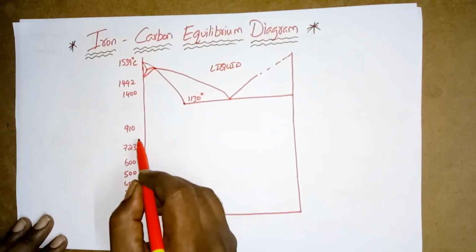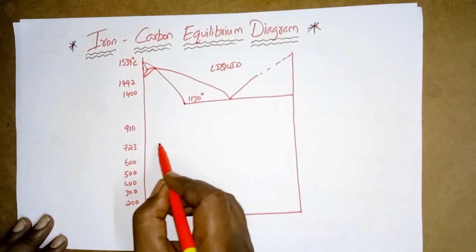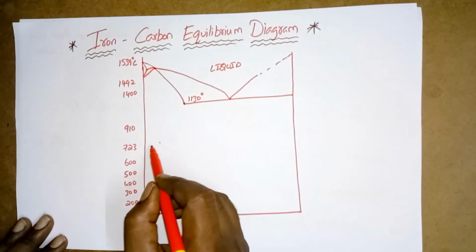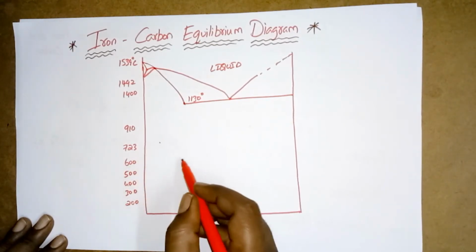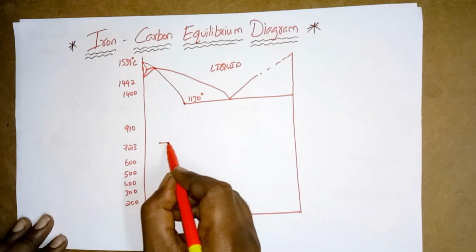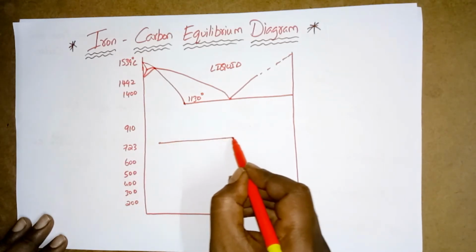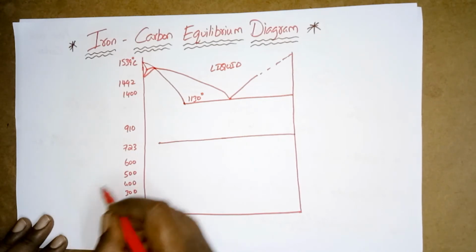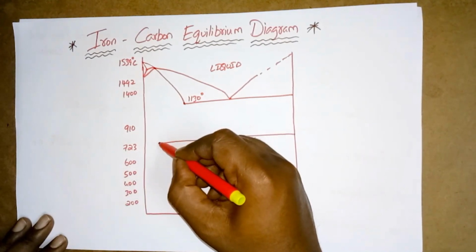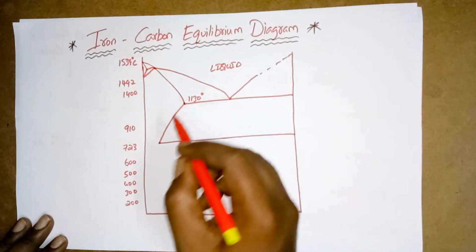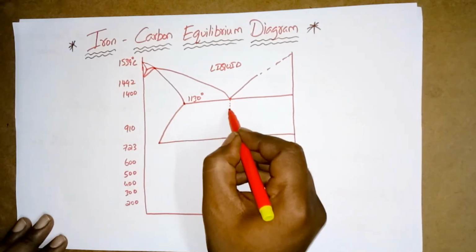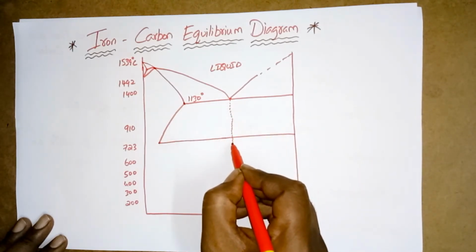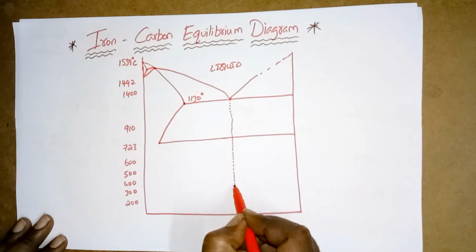Later we will select a temperature of 723 degrees centigrade and draw a horizontal line. Now what is happening here? We'll join these curves, step by step.